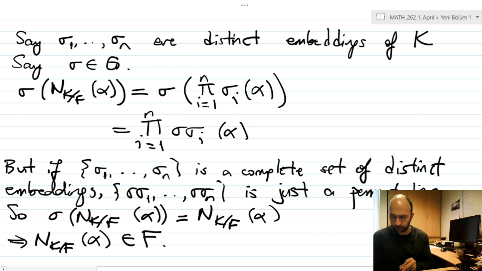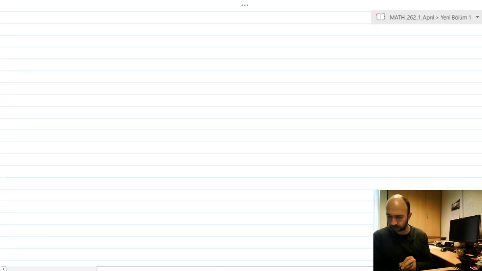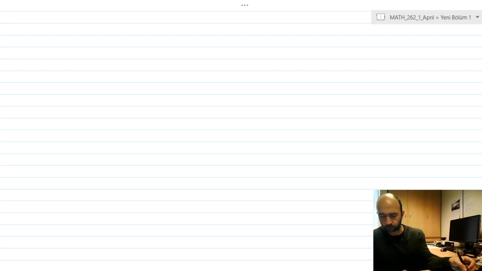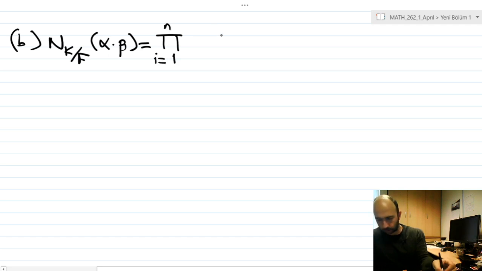Now for part B, it's much simpler. You just use the fact that all the sigmas are field isomorphisms. So let's use the same notation above for the embeddings. If you have the norm of alpha times beta, it should just be this product.